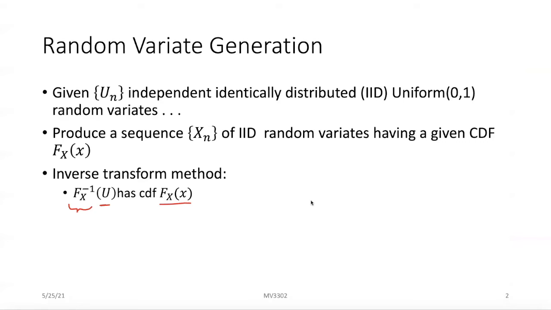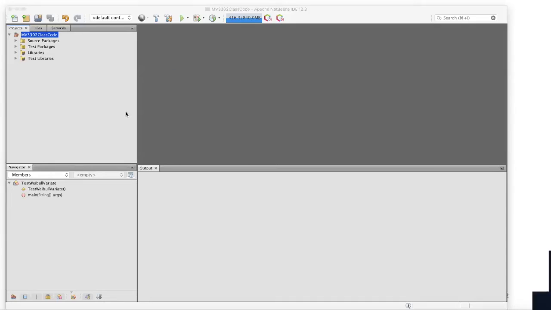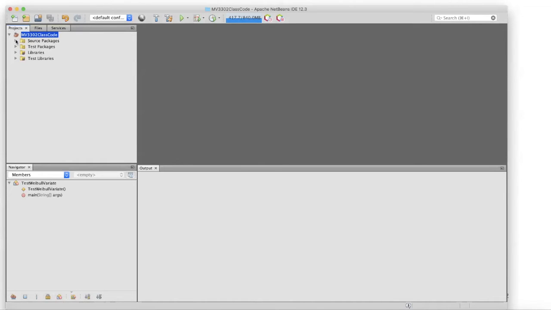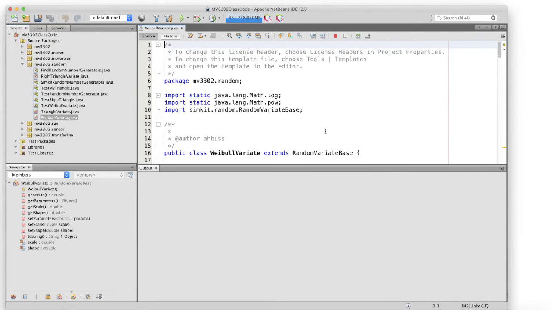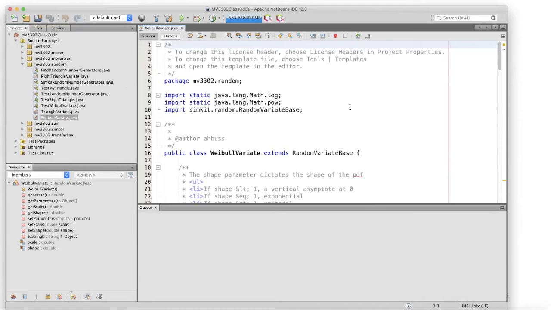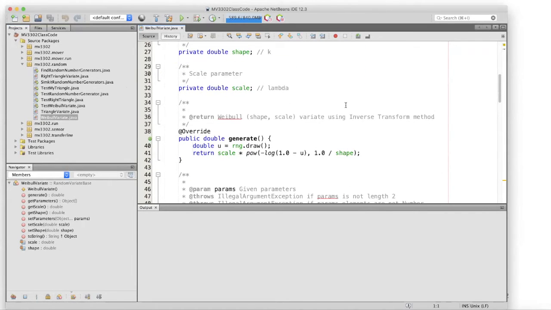And then just to kind of drive this to completion, let's take a look at how we might do that. If you do a pull on the code, I've actually implemented this Weibull variant, and even commented it.